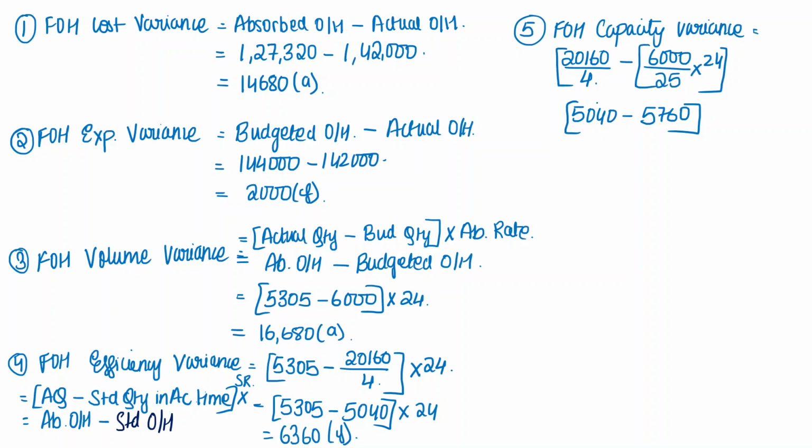You made extra units in that. That is your efficiency. And you have already considered the difference between 5305 and 5040. That has already gone into your efficiency. You have utilized the capacity worth making 5040 units only. In this capacity, you have made more units. That is your efficiency. But capacity utilization was worth 5040 units.